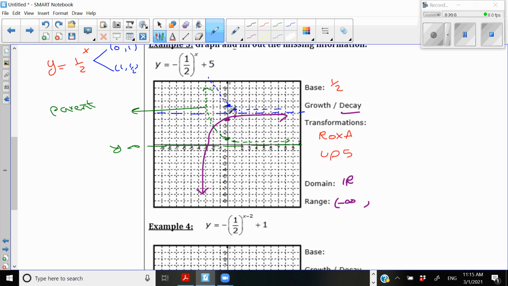It ends here almost, because the graph is getting closer to this asymptote. y equals 5 is our new asymptote. Your graph is getting close but doesn't pass, it just approaches this line. So 5 is the last point, but because 5 itself is not included, we put a parenthesis here.